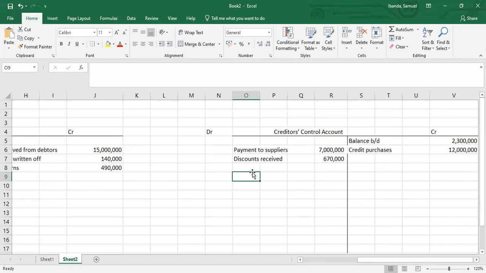In this case, if we are returning goods to suppliers, it means that we should reduce what we should actually pay the supplier since we are returning these goods. So anything that reduces your creditors is definitely supposed to be debited. That's why I'll come and put my purchases returns on this side, okay? Like that.